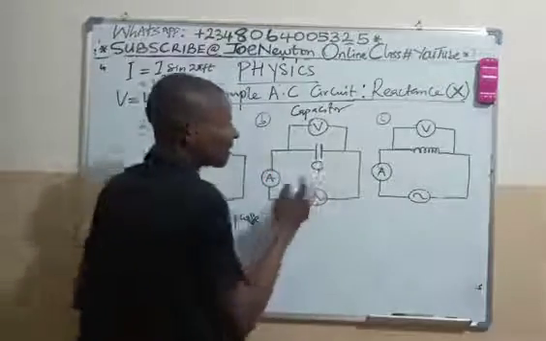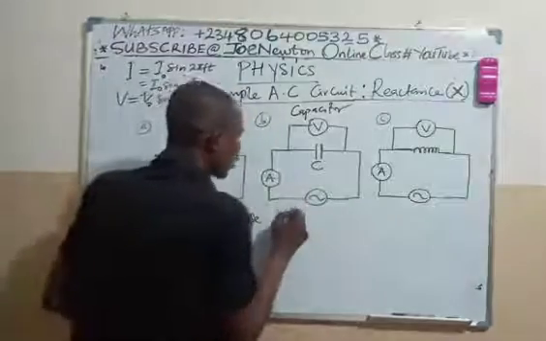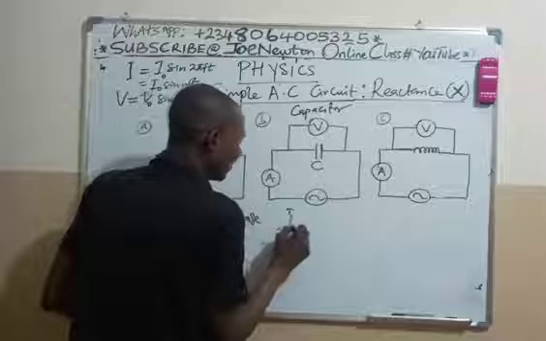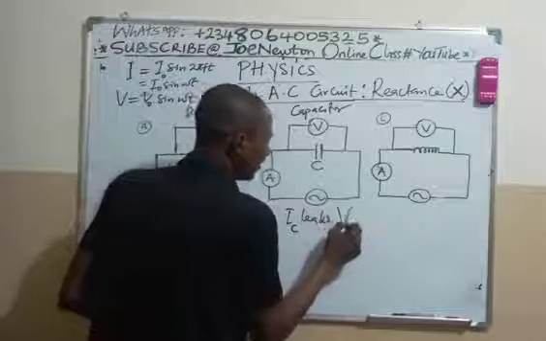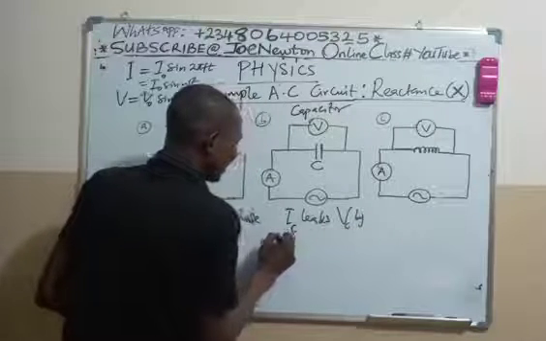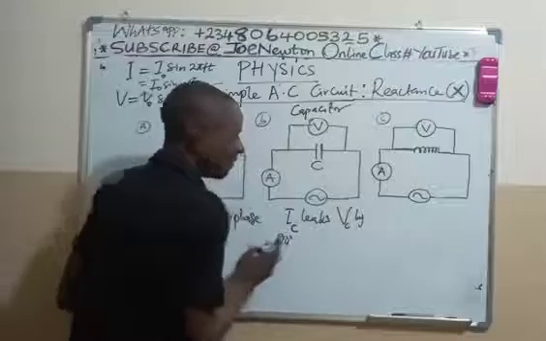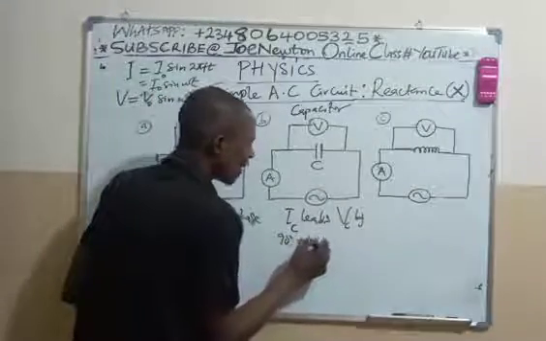So when a capacitor is connected in a circuit offering capacitance, we have that the current, which is IC, leads VC by 90 degrees. The phase angle is 90 degrees, that is a right angle, or 1/4 cycle.